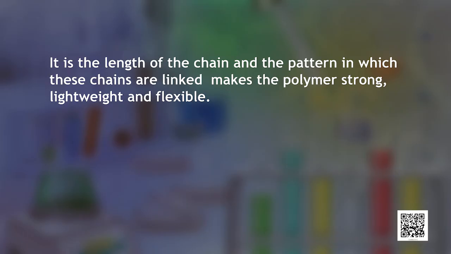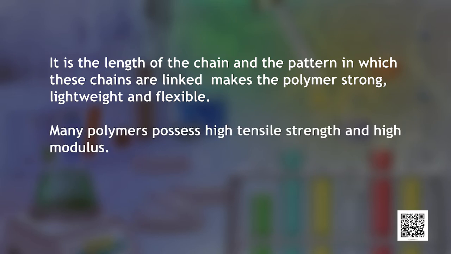The question that arises is, what makes these polymers unique? It is the length of the chain and the pattern in which these chains are linked that makes the polymer strong, lightweight and flexible. Many polymers possess high tensile strength and high modulus.